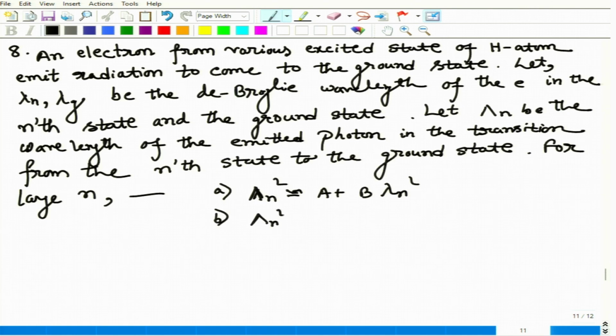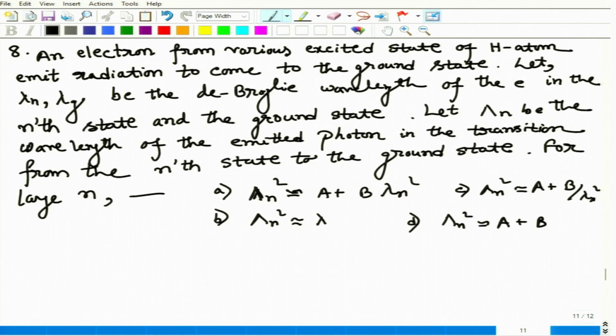B is lambda n square more or less equals lambda g. C is lambda n square more or less equals a plus b divided by lambda g square, and D is lambda n square more or less equals a plus b lambda g. Okay, so let me first read it again.